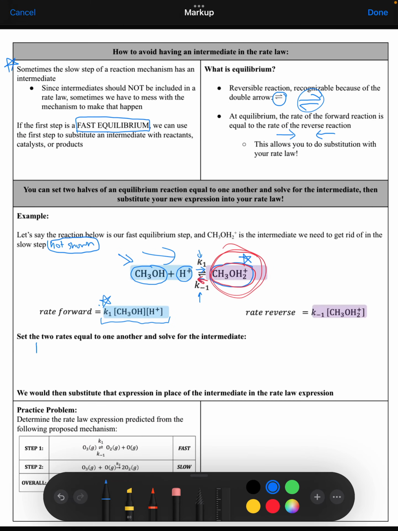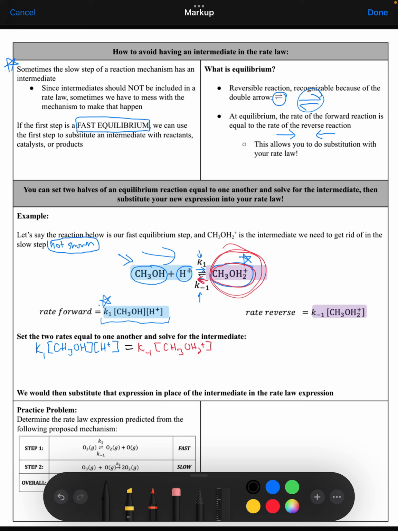We have our K1 on this side, and we're going to set that equal to our reverse reaction. All right, and all we're going to do is isolate the thing that we're trying to get rid of somewhere else.